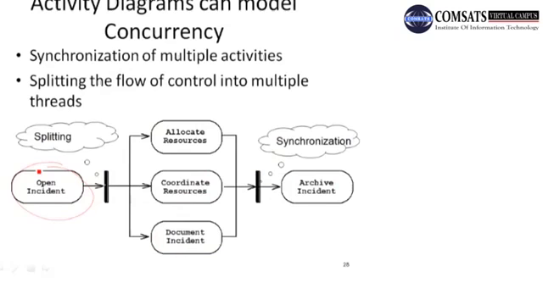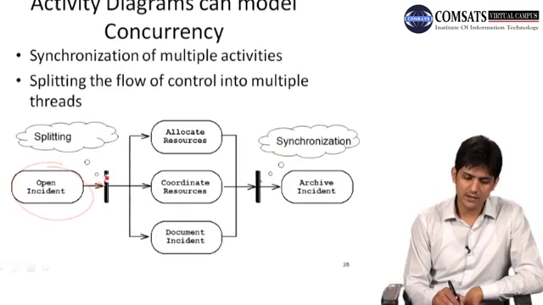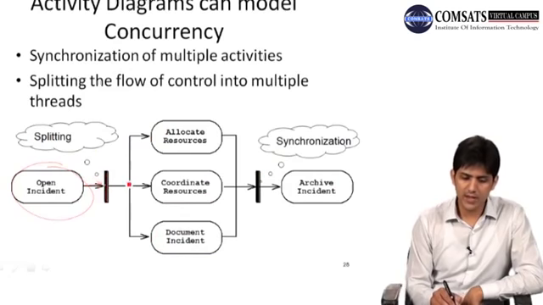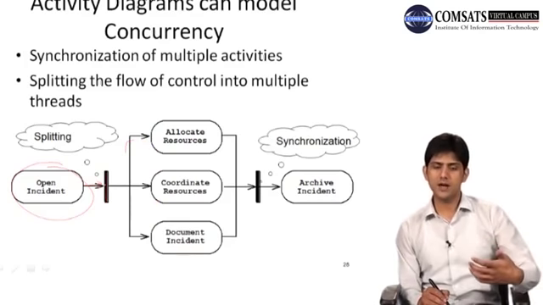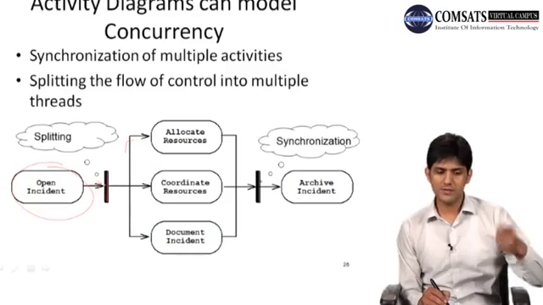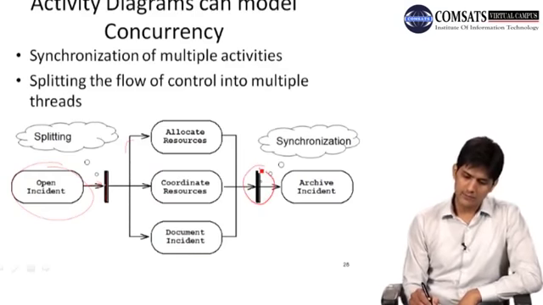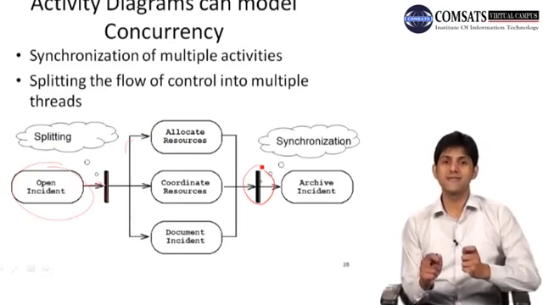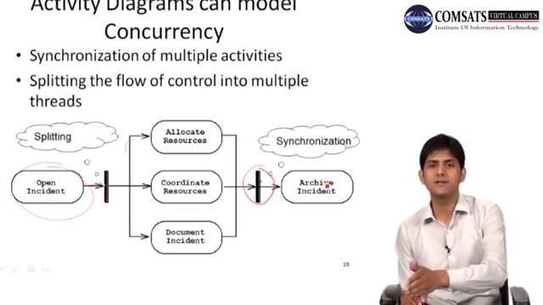What we are doing here is splitting the action into three possibilities. We allocate resources, we coordinate resources, and we document the incident. So these three actions are started and we are representing parallel behavior. But here again we are synchronizing: we will wait for all these to complete and then we will archive the incident.